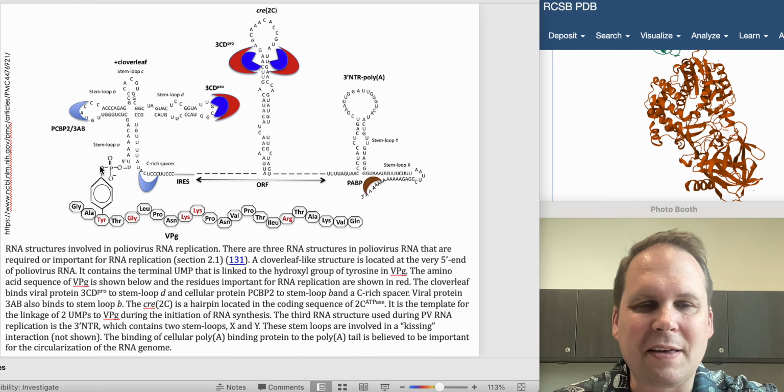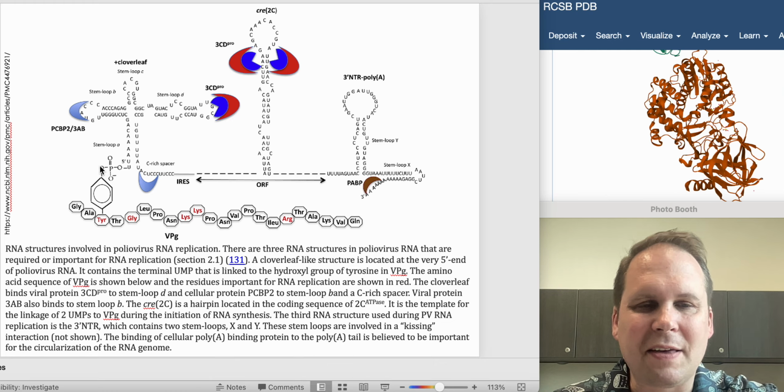Okay. So here it is in words, then we'll do it in pictures after. And remember, this is the enzyme right up here that's actually doing the work. 3CD is needed, and a bit of 3D is needed. And the roles of these are not as well worked out as I would like. So they're both in there together.